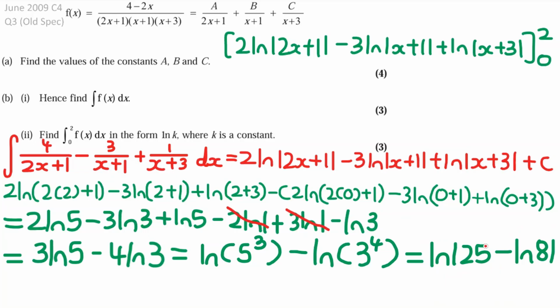So remember laws of logs, you can combine these into one log by dividing what's inside the logs. So therefore, this as a single log here, which will be the natural log of 125 over 81, so k is equal to 125 over 81.